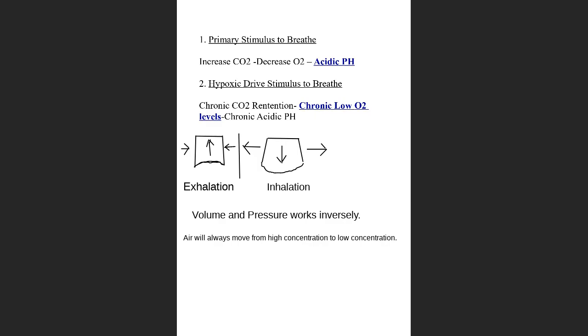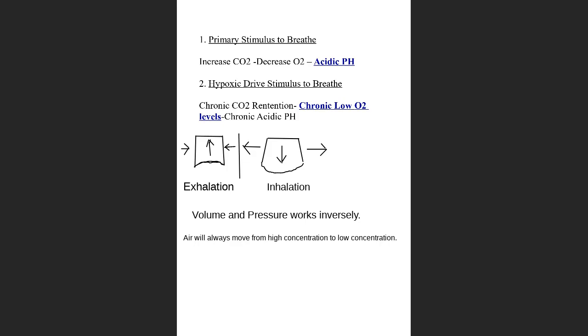So their lung tissue or their respiratory tract is not functional anymore. So these patients that have chronic respiratory problems and poor lung function tend to retain. Over time, they chronically retain carbon dioxide.